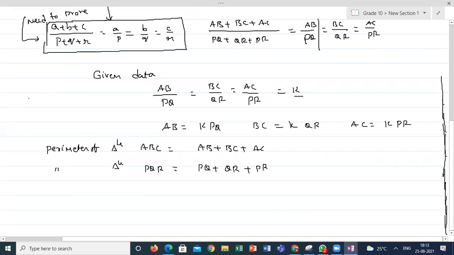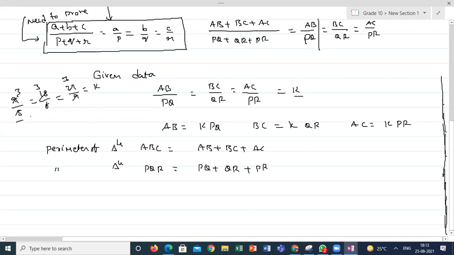Suppose 9 by 3 will be equal to 18 by 6 will be equal to 27 by 9. How can I say that? It is common to some common number that is equal to 3 here. 3 threes here, 9 threes here.